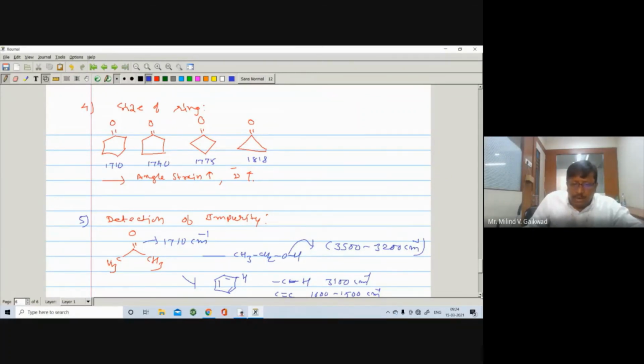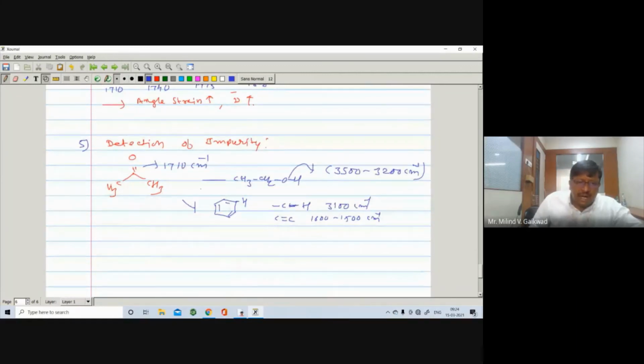If you take a pure compound, for example acetone, and it contains the impurity of ethyl alcohol, then along with 1710 you may also get the spectra of OH at 35 to 3200. If suppose there is impurity of benzene, then you may also get spectra.